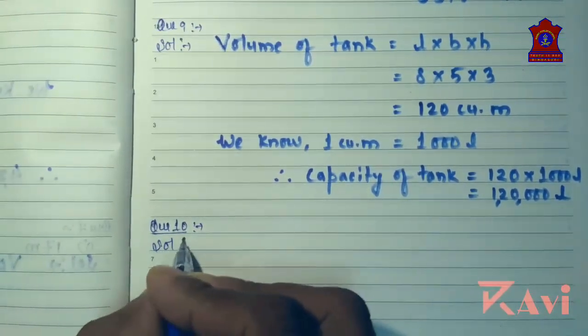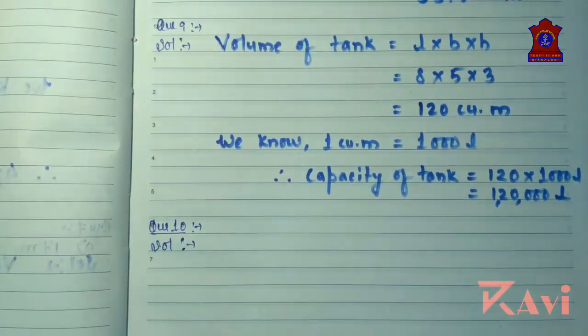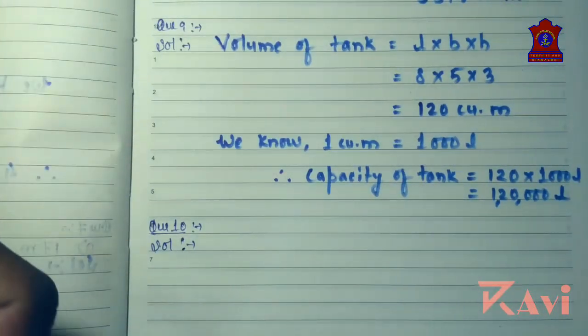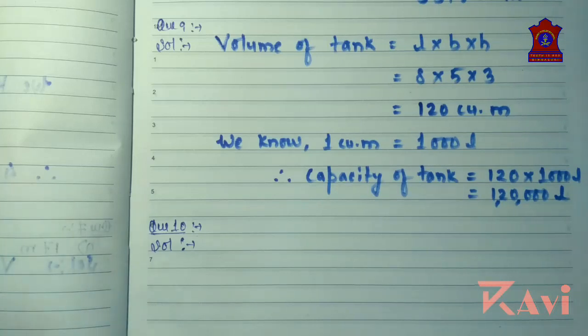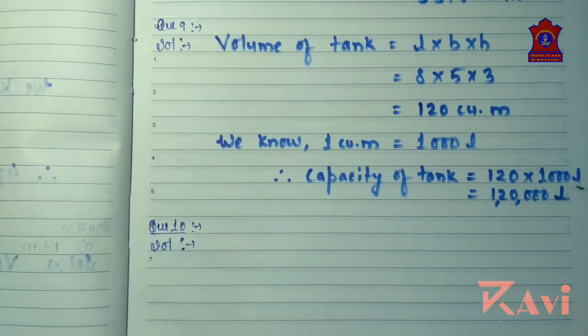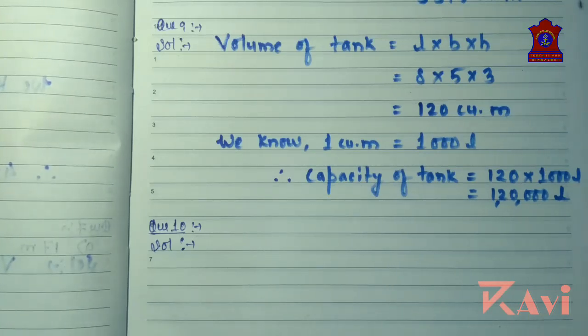Now look at question number 10. A solid metal block is 25 centimeter long, 15 centimeter wide and 10 centimeter high. See, length, breadth and height is given. If it is cut into solid cubical blocks of the same size, find the number of cubical blocks if each side measures 5 centimeter.